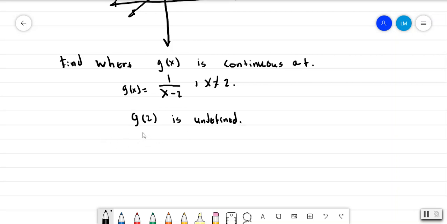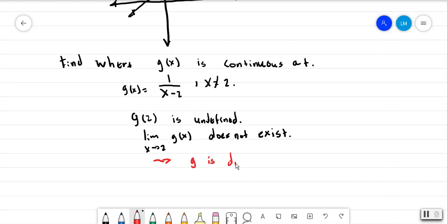But you also have that the limit does not exist. So automatically we know that this means that g is discontinuous at x equals 2.